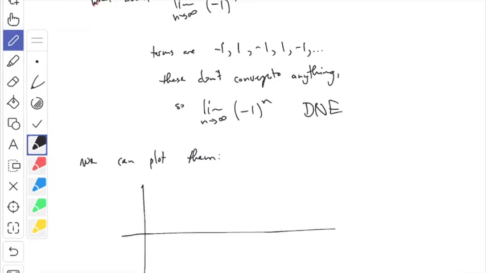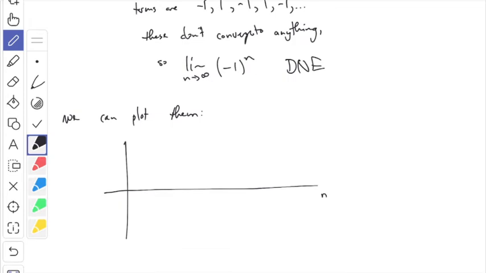I'm just going to draw a bunch of individual points. This is like the n-axis. When n equals 1, the value of this sequence is -1. Maybe I'll put big red dots. When n equals 2, the value is plus 1, so the next one is up here. Then the next one is down here and up here, etc.